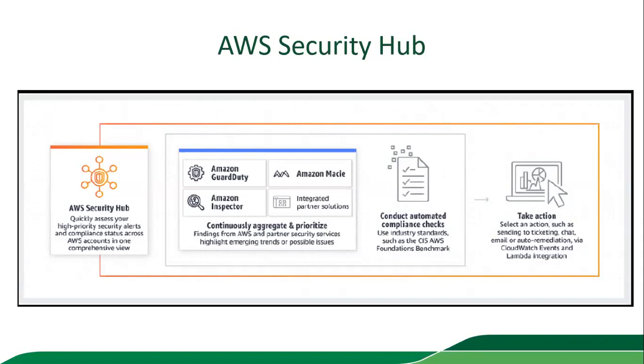AWS Security Hub will also integrate with your GuardDuty, with Inspector, Macie, right? You can say it's your security dashboard. It's your corporate security dashboard where you can see all the security alerts and compliance status in a single dashboard. And then, as we discussed, you can take actions for those security incidents via Lambda function, or you can take manual actions by yourself.